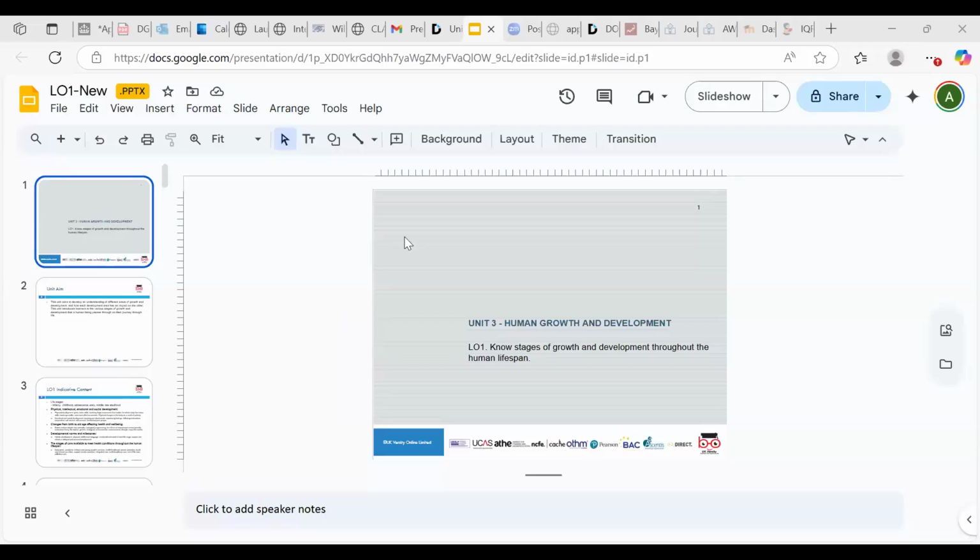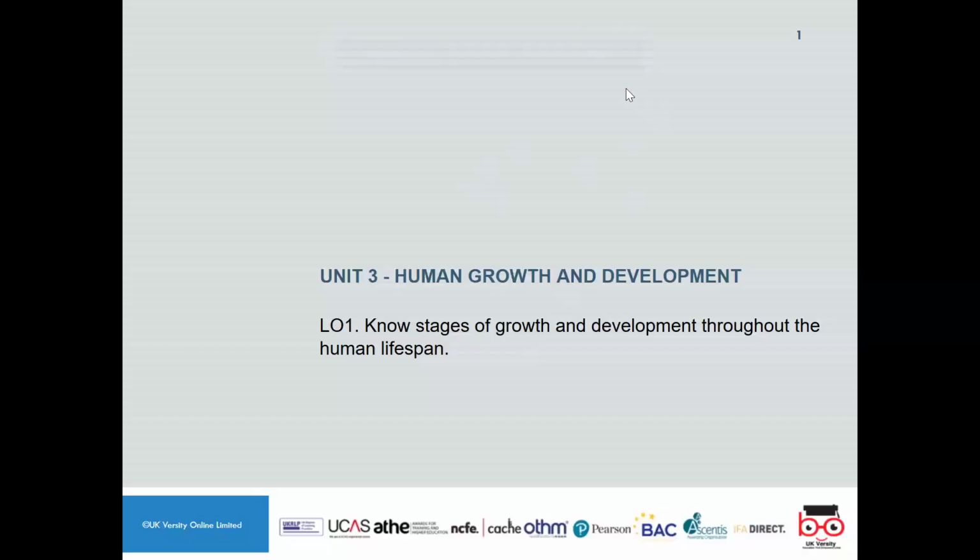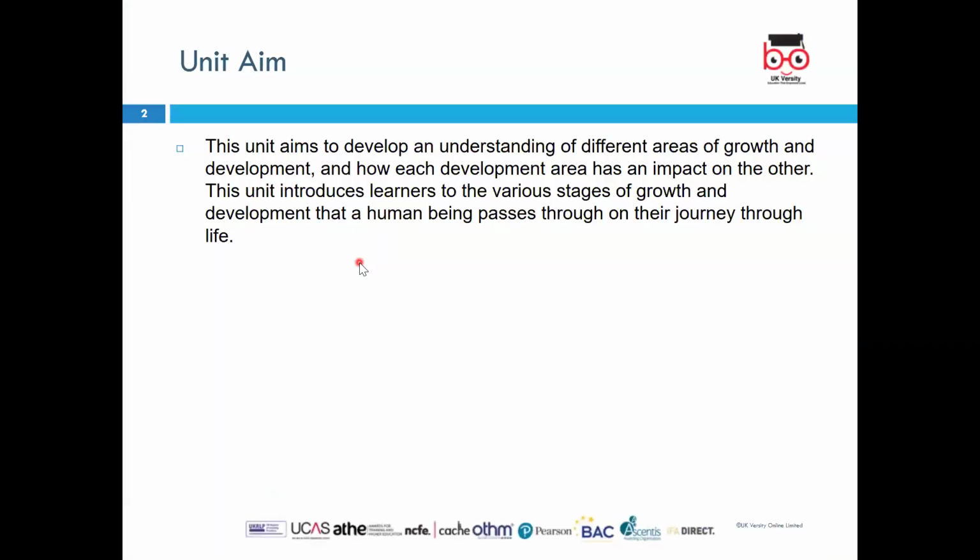So we're doing the first learning outcome, as I had mentioned earlier. This learning outcome will focus on giving you an understanding and knowledge of the stages of growth and development throughout the human lifespan. So what else are we doing here? The aim of this unit is to develop an understanding of different areas of growth and development and how each development area has an impact.